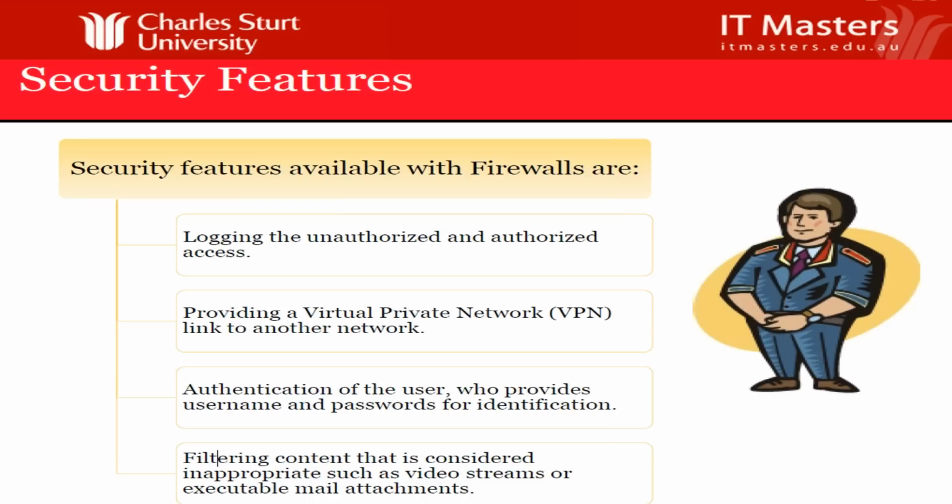The job of a firewall is to log any unauthorized or authorized traffic, and to provide a virtual VPN network to another network. For example, Tony set up a network for my ex-company, which has a branch office in the US.